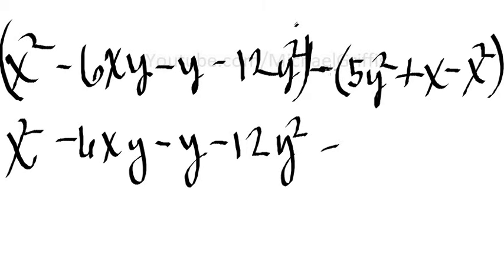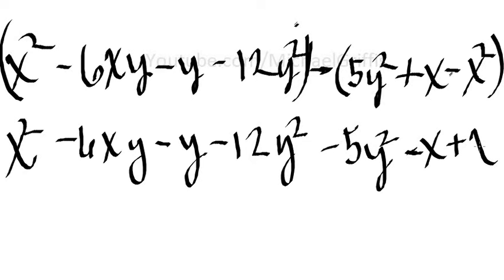Now we want to distribute this minus across. So minus 5y squared minus x. Now, you see this minus here, minus x squared on that last term. We got a minus and a minus, that makes that a plus. So that's what you've got to really watch on that.